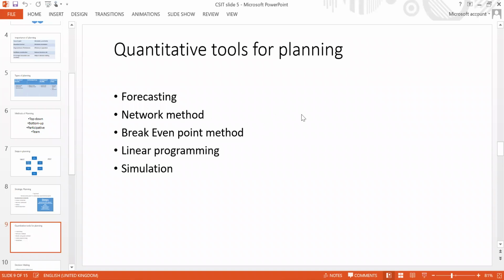Similarly, network method is, as I said, there are generally two basic forms of network method, which are called the critical path method and PERT. To use these, you can arrange your activities in such a way that you know which activities precede and which activities follow.